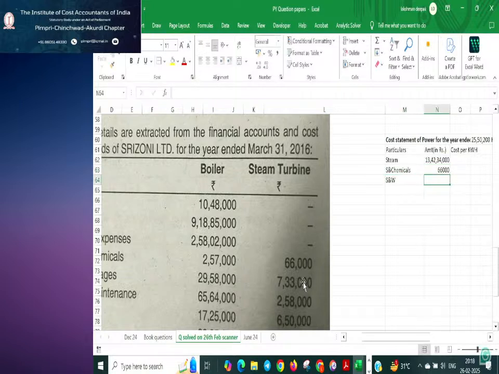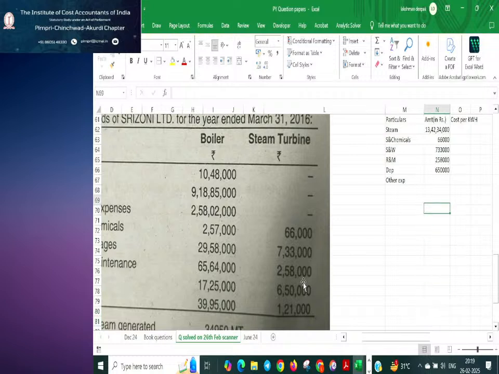Salaries and wages, 7,33,000. Repair and maintenance, 2,58,000. Depreciation, 6,50,000. And other expenses, which is 1,21,000.